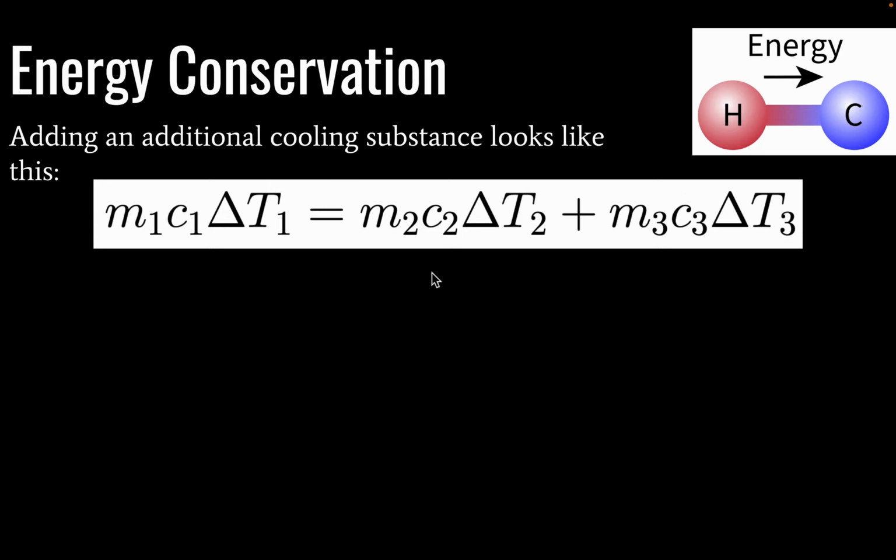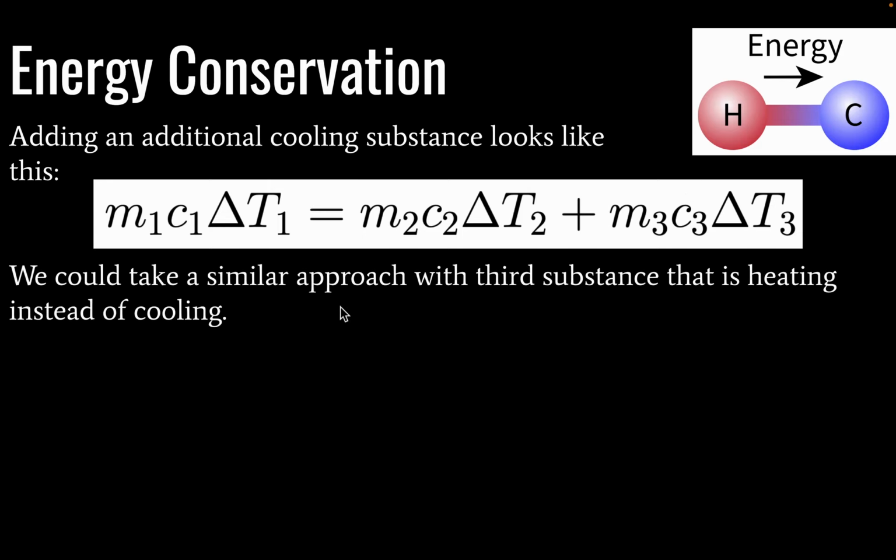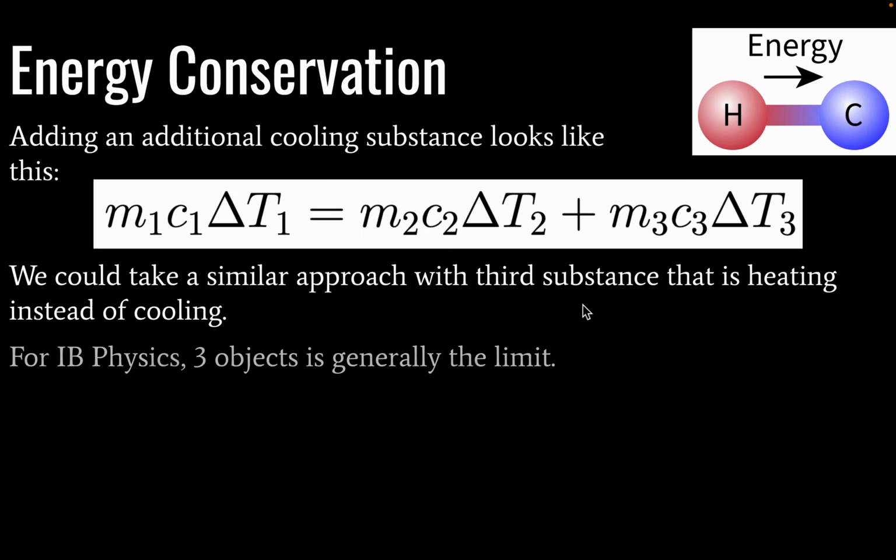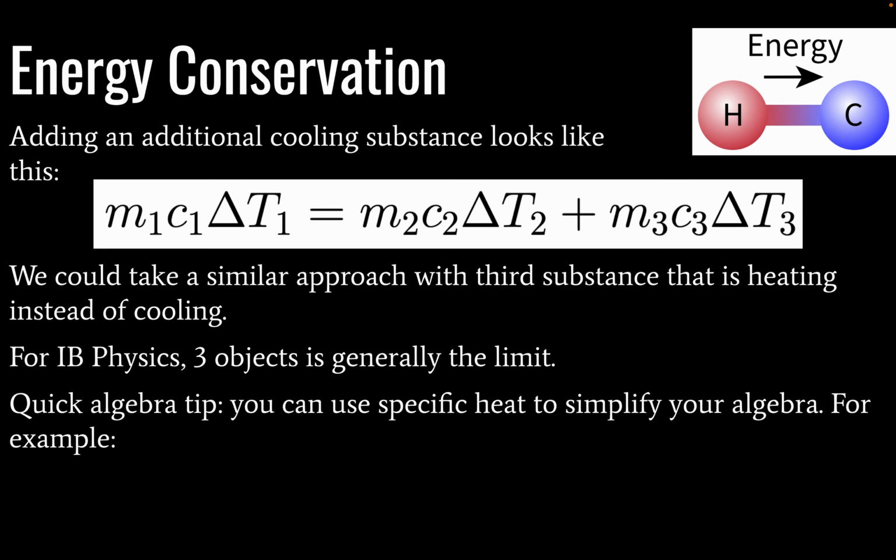We could take a similar approach with a third substance that's heating up. We would just add a term on this side of the equation and get rid of one of these. You're not usually going to see more than 3 terms at one time, fortunately. So a quick algebra tip.